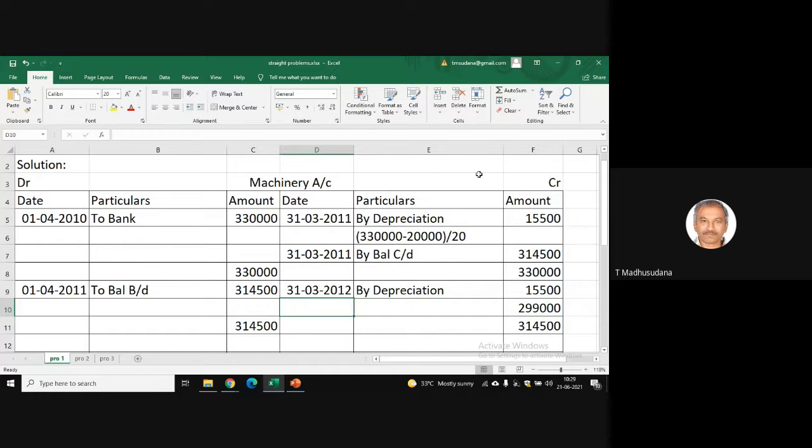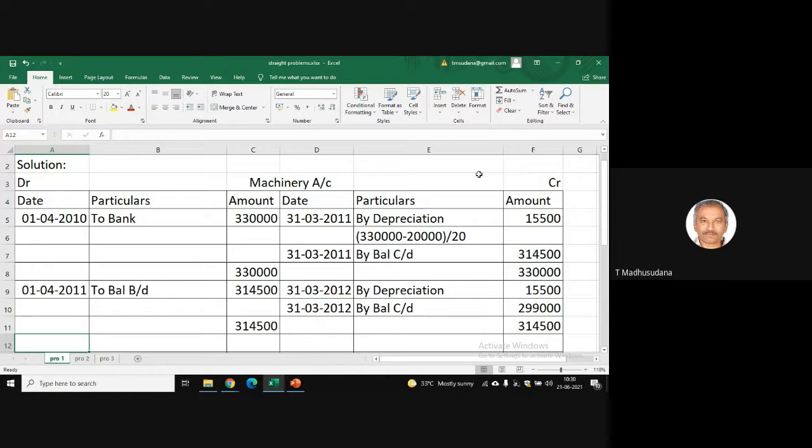That is by balance. Oh, sorry. The same date 31/3/2012, by balance carried down 2,99,000.